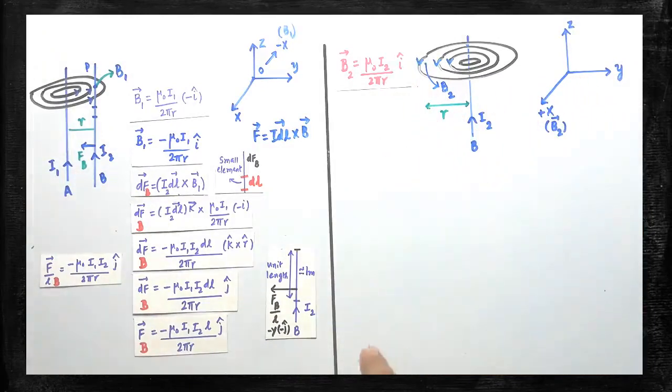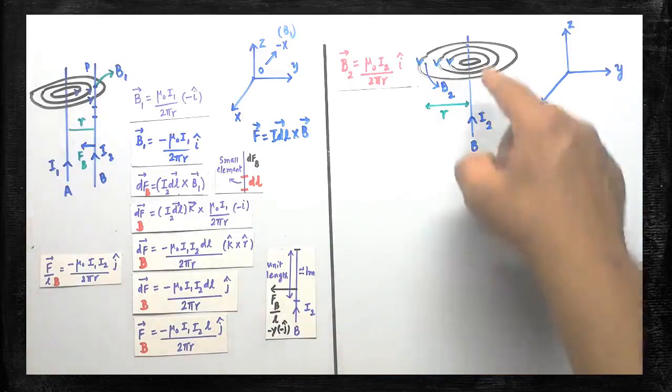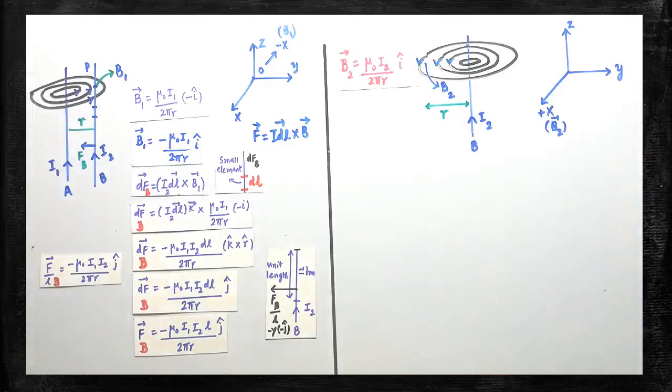Are you clear? Next one is here in this conductor. Now we have to place the A conductor in the field of the B conductor.